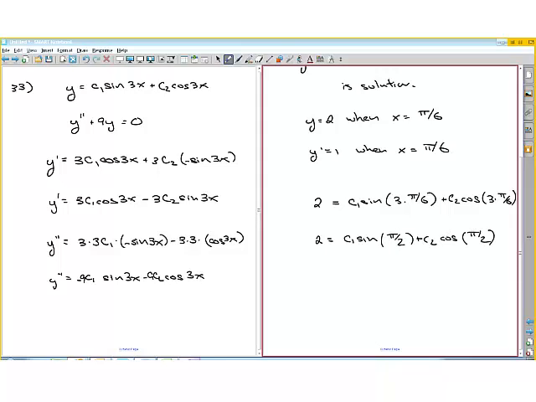Okay. The second one is we plug it into the first derivative. So we know y prime equals 1, so we put 1 on the left-hand side. We have 3 times C1 cosine of 3 times x, which is, again, pi over 6, plus, or minus, because of the minus right there, minus 3 C2 sine of 3 times pi over 6.